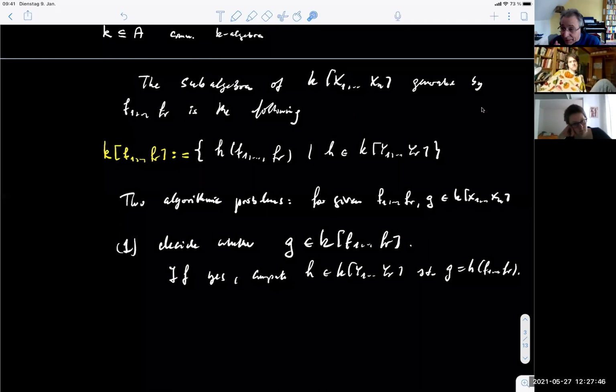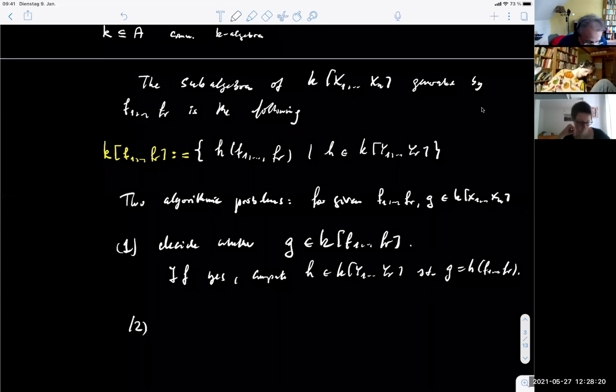This would just be the k-span of these polynomials. The algorithmic question is then: given the f's and g, is g in the k-span of the f's? It's a typical linear algebra task, which we know how to do with Gauss elimination. But now we are in the nonlinear generalization of that. It's clearly a harder problem. And the second is this.